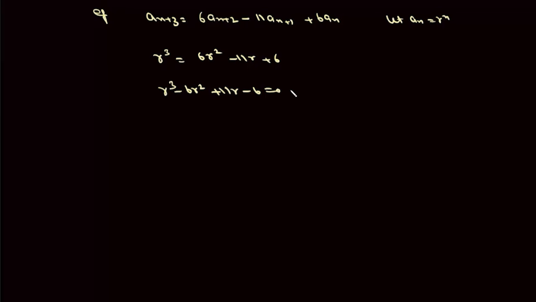Now this is a very standard cubic equation, and we know that its roots are 1, 2 and 3. So a_n will be a times 1 to the power n plus b times 2 to the power n plus c times 3 to the power n, and you'll be given 3 initial conditions to figure out the values of a, b and c.